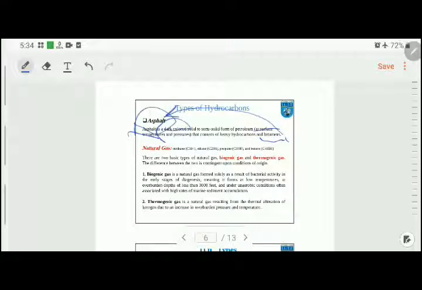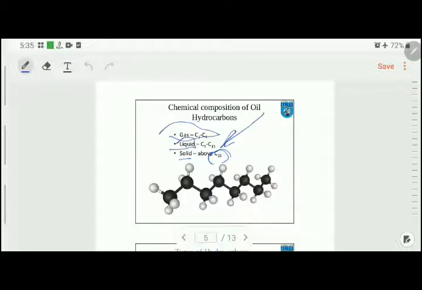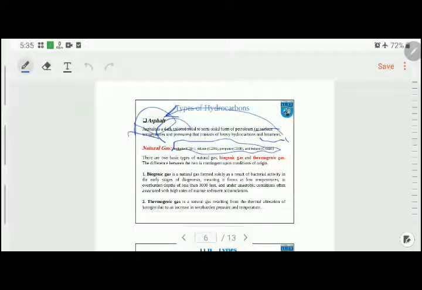Natural gas is the fourth component, as we mentioned in the previous slide. This is the gas C1 to C4, the light natural gases, and there are two main types of natural gas: biogenic gas and thermogenic gas.